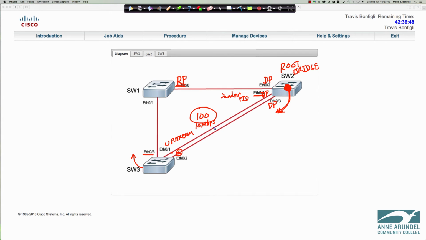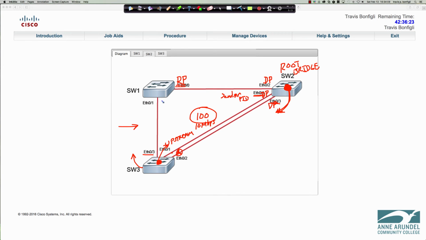When you say upstream port ID, it's viewed from the perspective of this switch here, because who is upstream toward the root bridge? And so then again, this guy right here, because he's receiving port ID of 3, will be blocking. So now we're left with that segment right there.